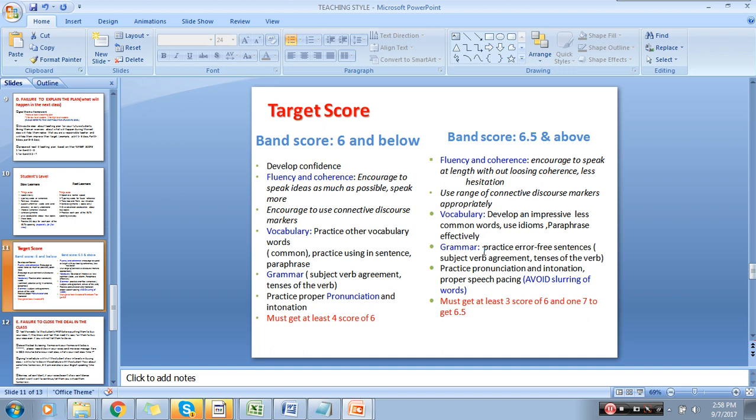Grammar: practice error-free sentences, subject-verb agreement, tenses of the verb, and practice pronunciation and intonation with proper speech pacing. Avoid slurring of words. So for 6.5 and above, they must get at least 3 scores of 6 and 1 score of 7 in order to get 6.5.